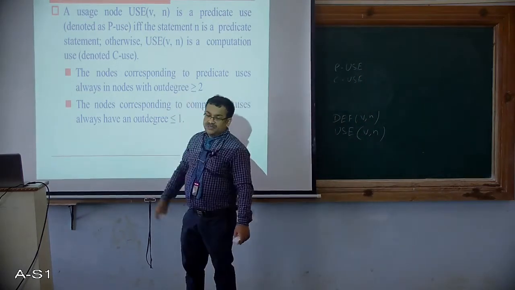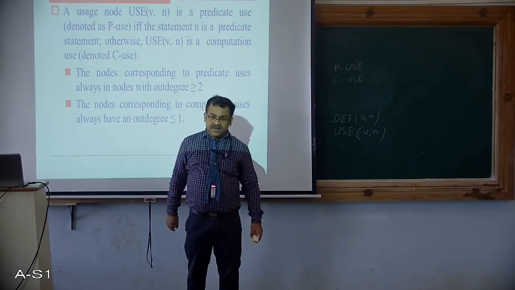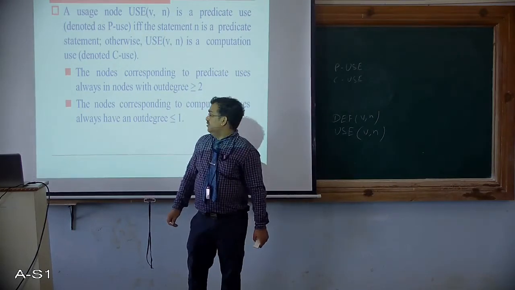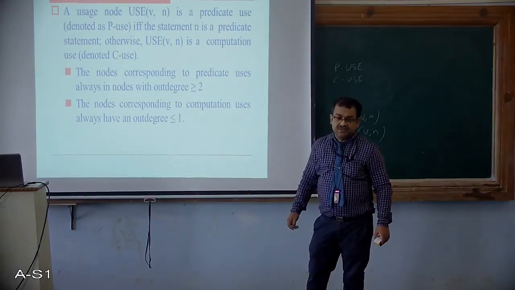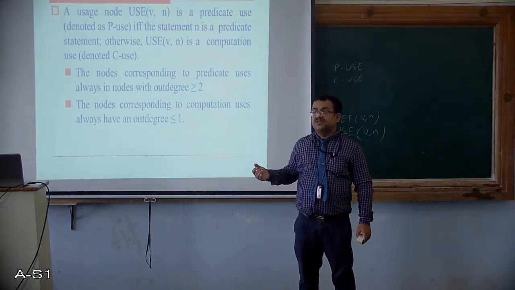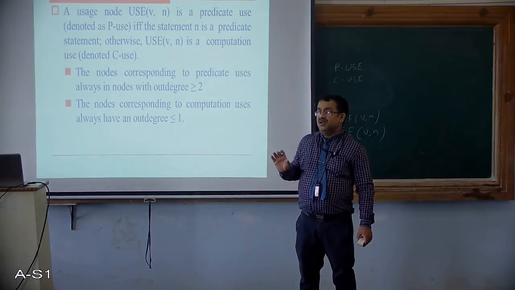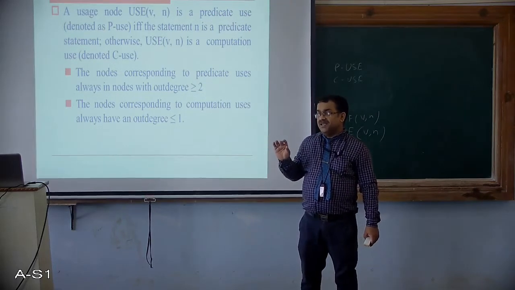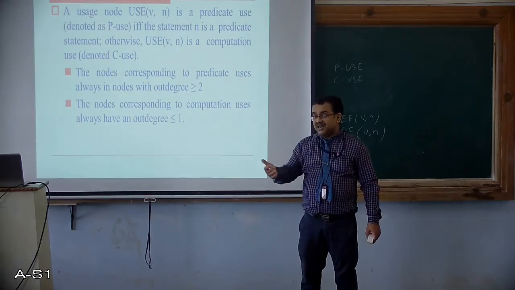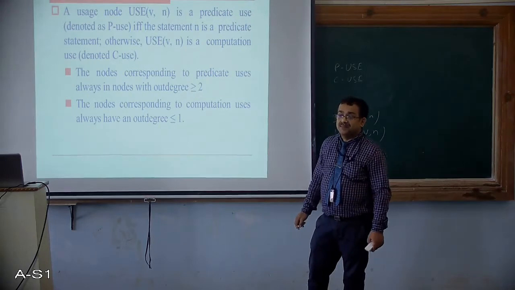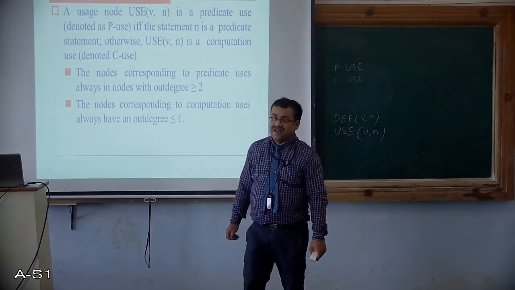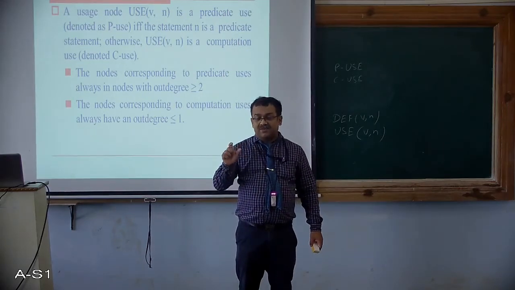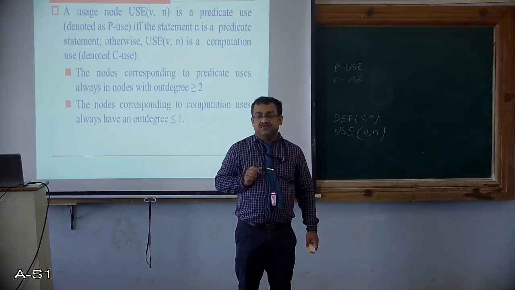A particular usage node can be either of two categories, predicate use or computation use. C-use means computation use. When the variable is used in the statement represented by that node, it can be part of either a predicate node or a computation node.